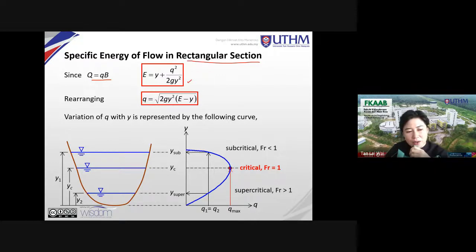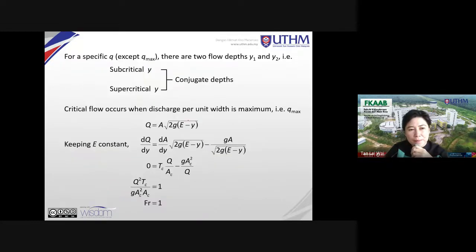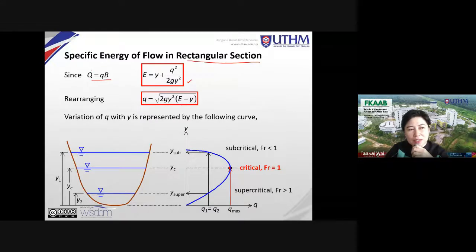So if you can find q max, then basically you can find yc already. And if you know your yc, therefore you can find your q maximum already. Now of course, in our case, our Q is still constant. Only that when B changes, your Q will change as well. The discharge over unit width will change as well. So you are going to get this curve, basically.